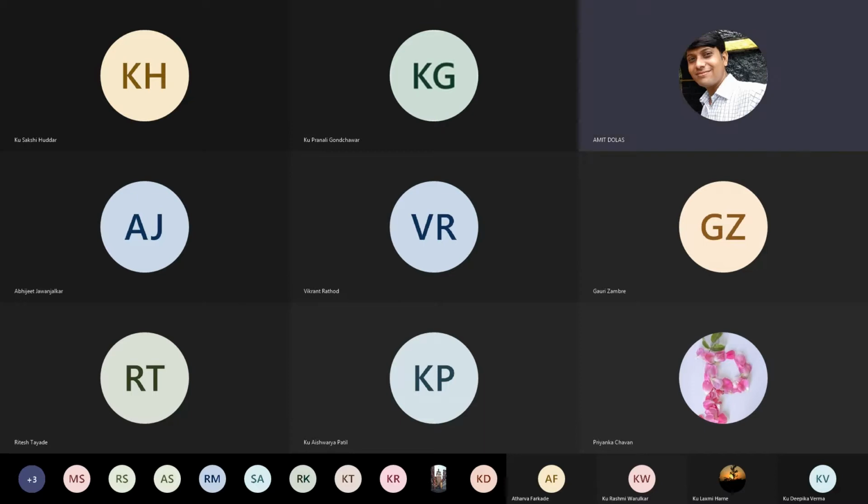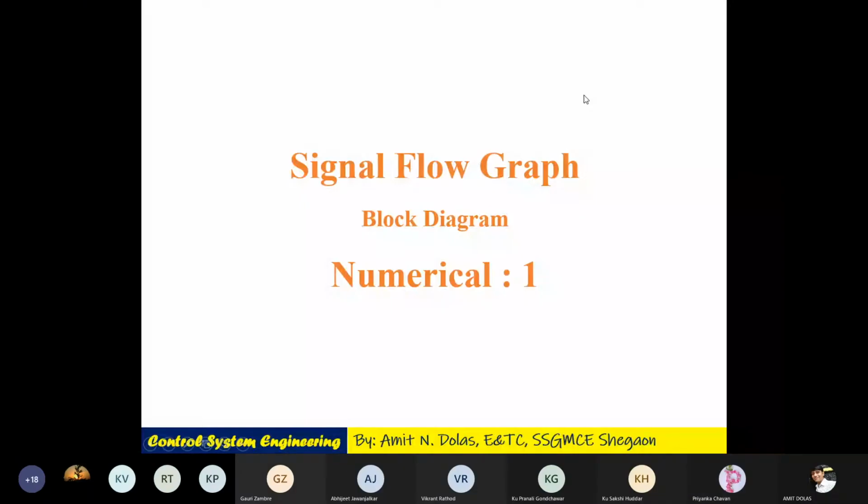I'm sharing the PPT. The signal flow graph, block diagram numerical 1.